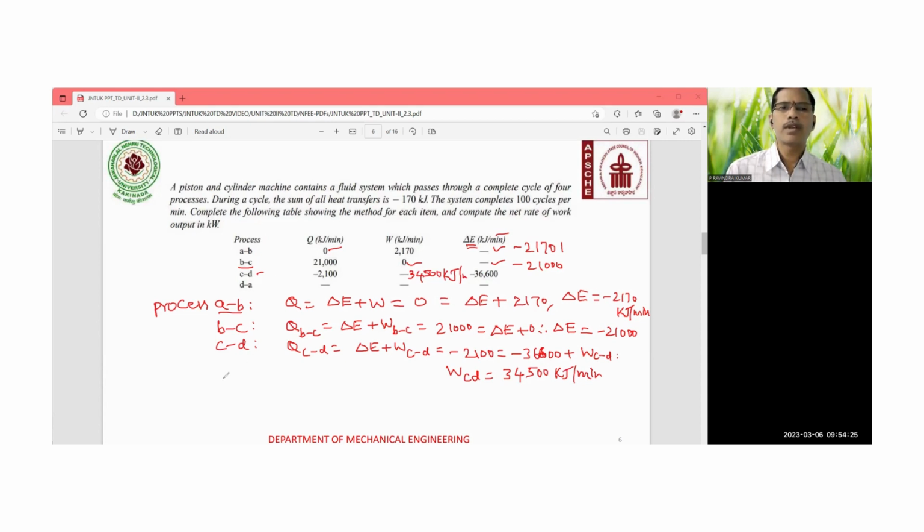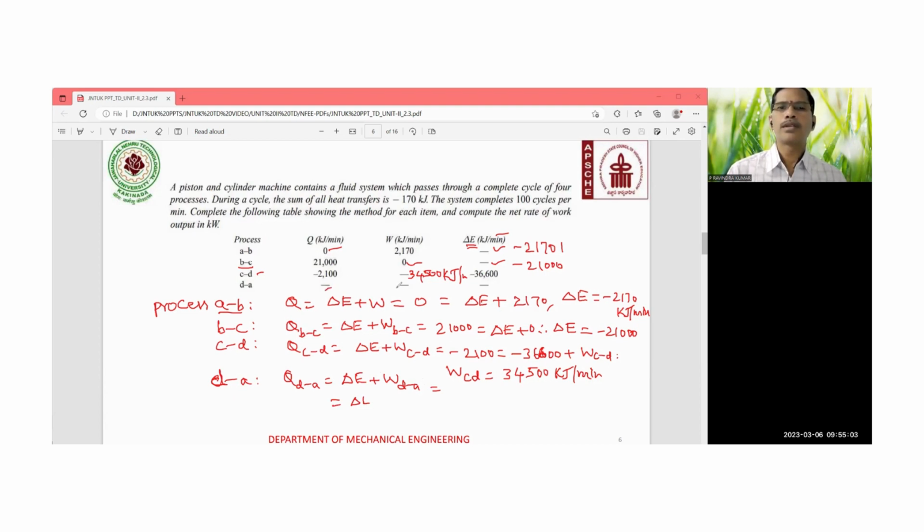So that is over. Next one is process D to A. So Q D to A is equal to delta E plus W D to A, right? Here Q D to A is what you have to find, and it is not given, W is not given, and delta E is also not given.